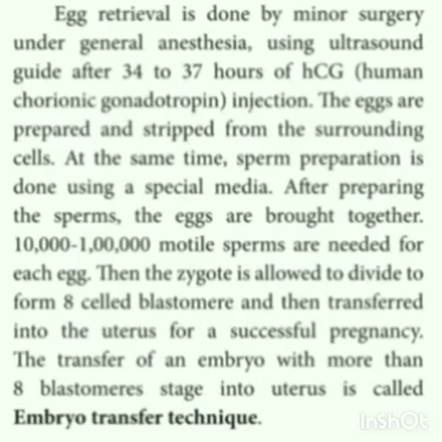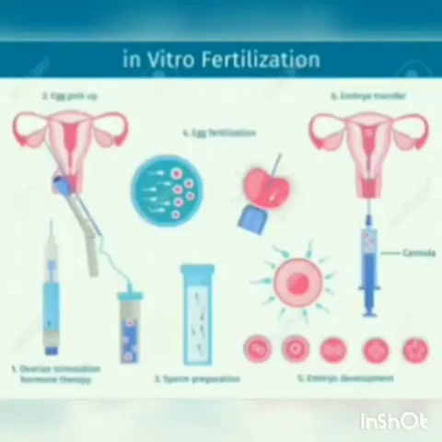Egg retrieval is done by minor surgery under general anesthesia using ultrasound guide after 34 to 37 hours of HCG, human chorionic gonadotropin injection. The eggs are then prepared and stripped from the surrounding cells.